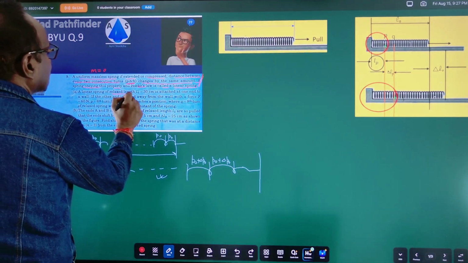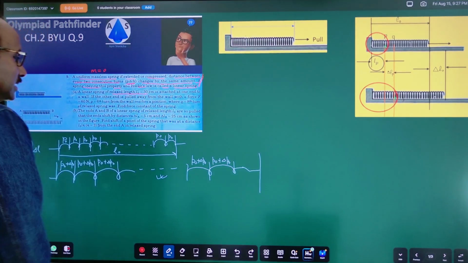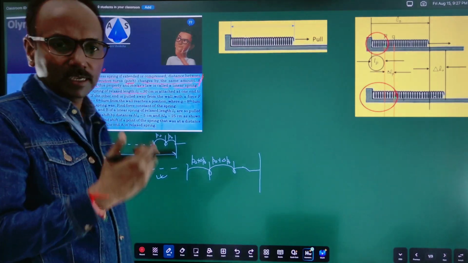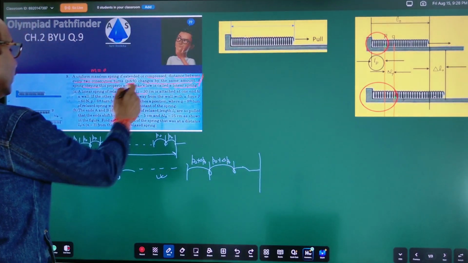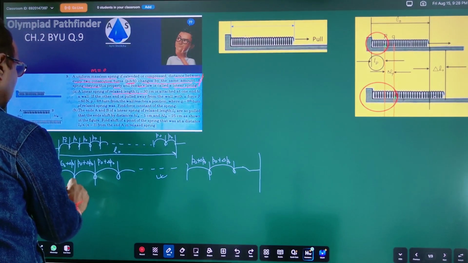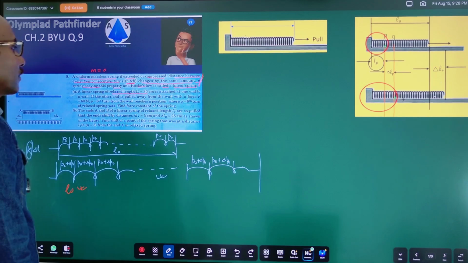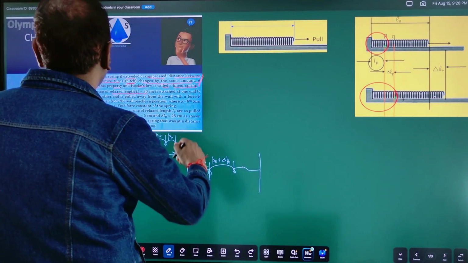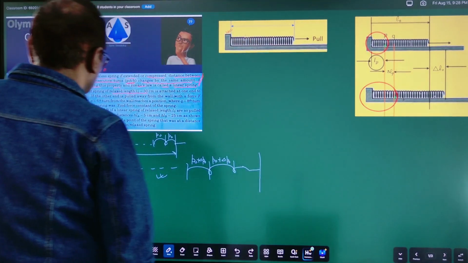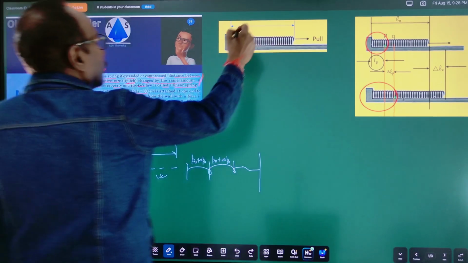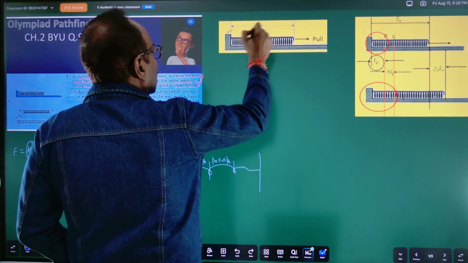The spring, the relaxed length L naught is equal to 30 centimeter. Natural length, relaxed length are the same thing. So that is given, means your L naught is given. It is attached at one end to a wall. Here it is attached. And this, as per question, is L naught.